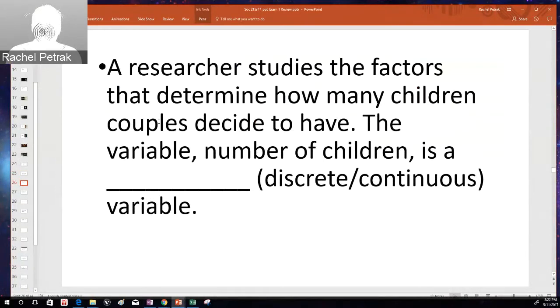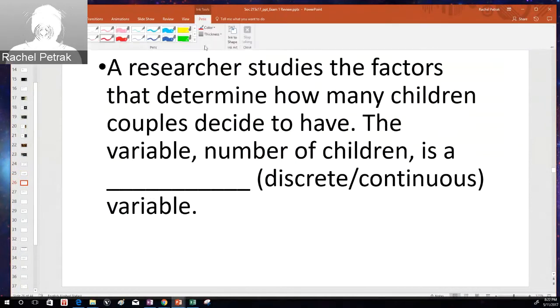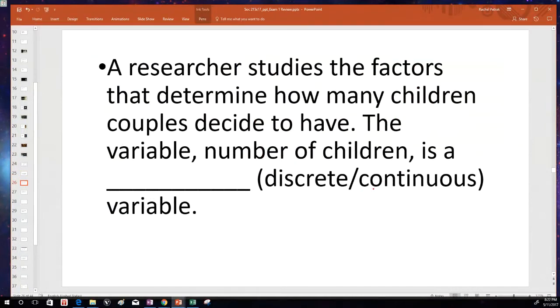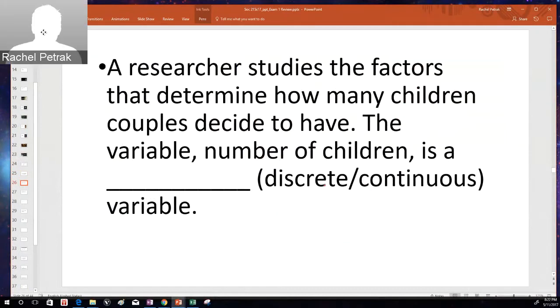The factors that determine how many children couples decide to have, and the variable in question is number of children. Is that discrete or continuous? It's continuous. And let's take this one step further. Is this variable ordinal or interval?